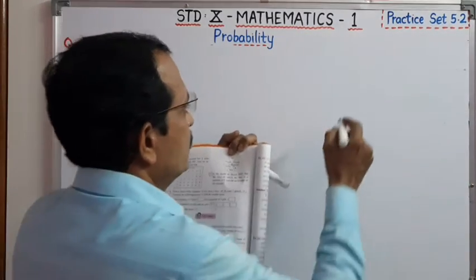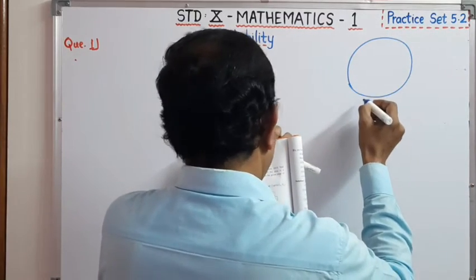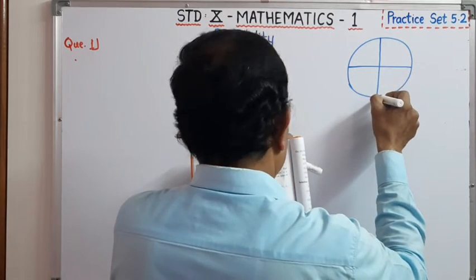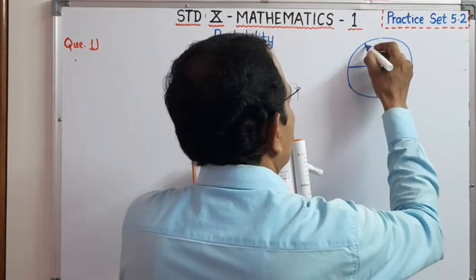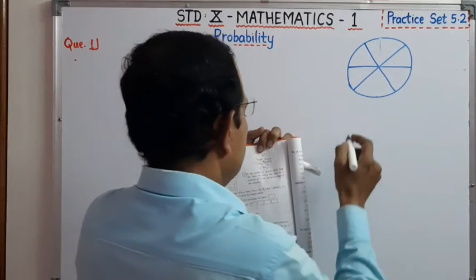See, dear student, one wheel is there like this, divided into 6 parts.